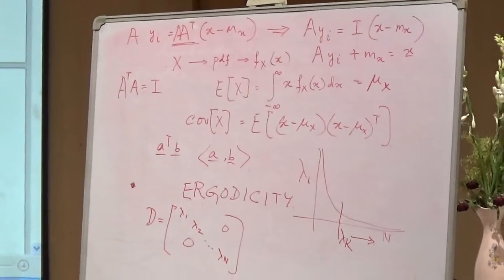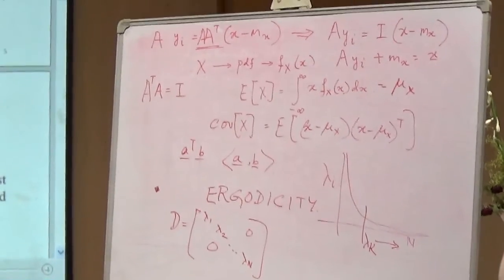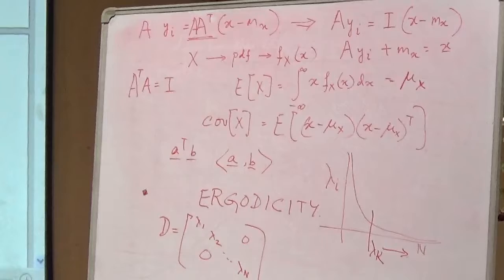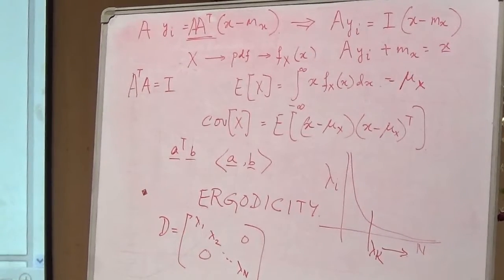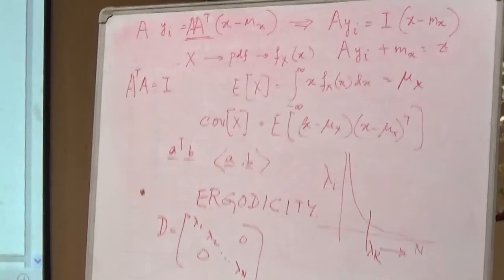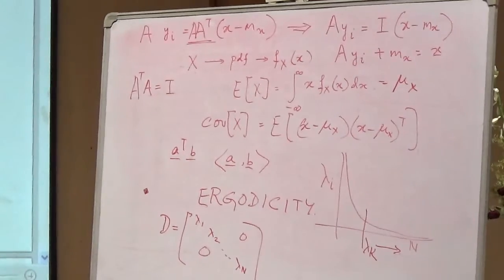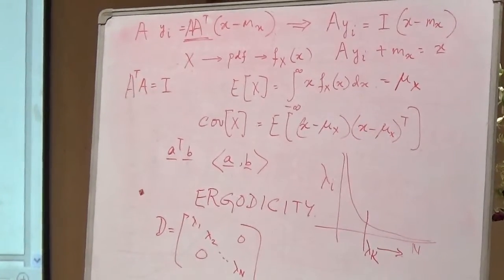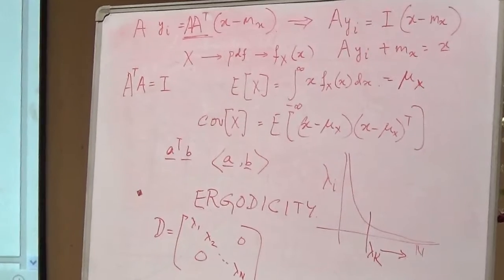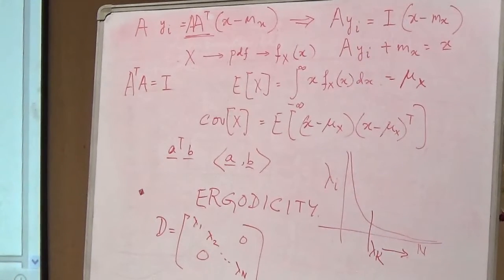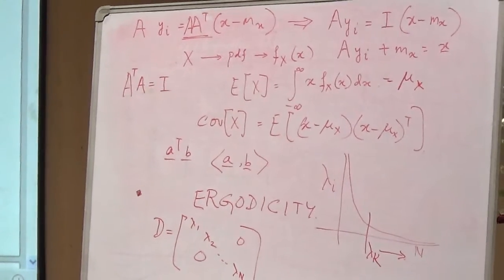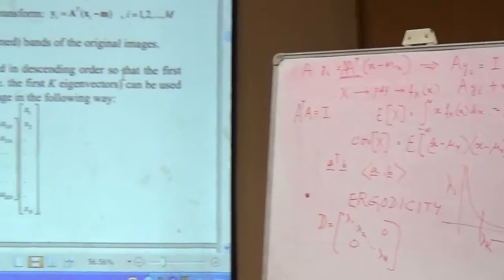So what I have done is I have effectively reduced the number of bands required to represent x. Right now I require capital N number of bands. Here I can do away with those bands which are greater than capital K. So I will retain only capital K number of bands, where capital K is much less than capital N. So suppose you have 200 bands in your original satellite data, I will keep only the top 3 bands.